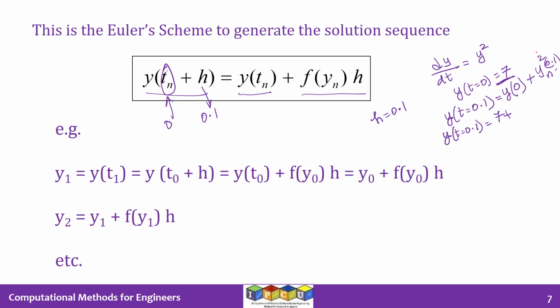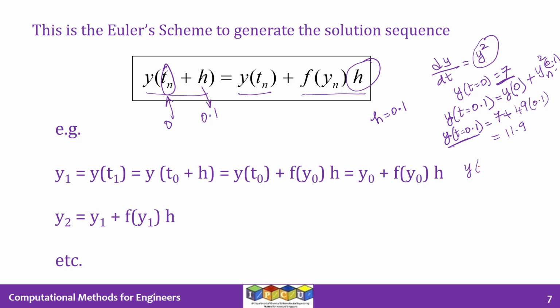Therefore, y0 squared, which will be 49, because 7 squared, times 0.1. So this is going to be 11.9. So knowing the value of y at t is equal to 0 and the function and the h value, I'm able to compute the value of y at t is equal to 0.1 using the Euler scheme.